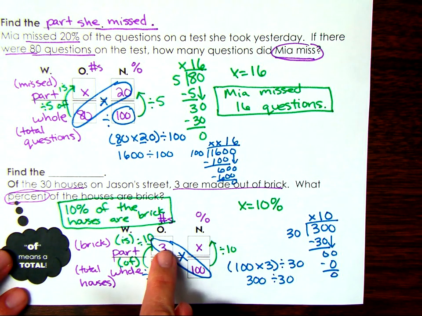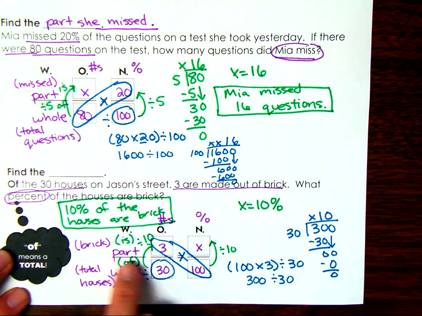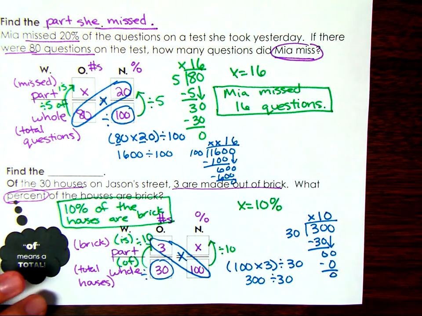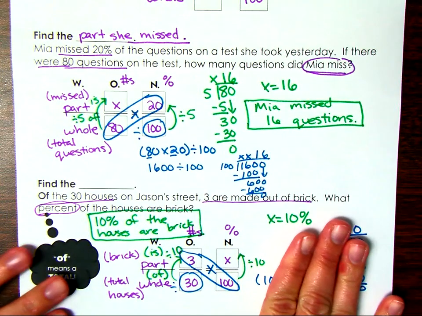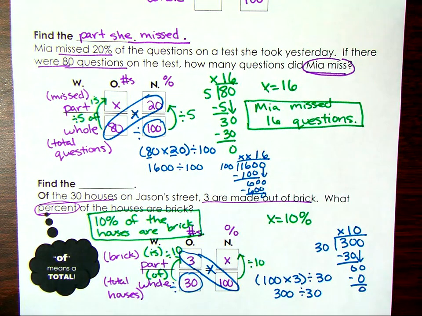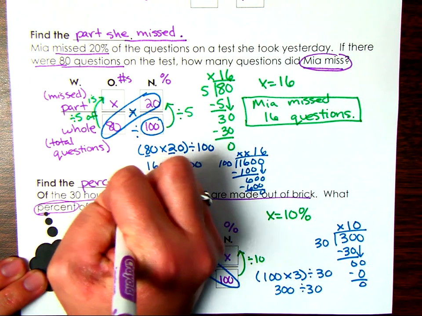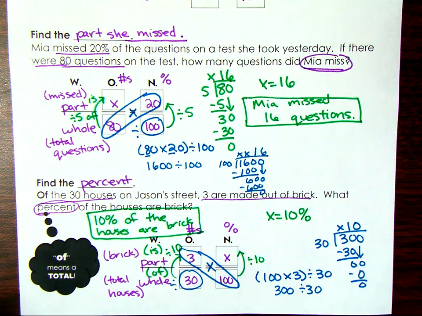So that means that 3 is 10% of 30. Okay? Alright, so again, if you need to rewind this video, rewatch it, because I know sometimes you're going through, if you need to pause it as you're writing these down. Oh, and on this one, we were finding the percent. That's the question, what we needed. That's why I put my X where the percent was.